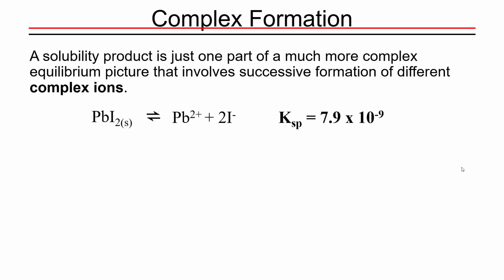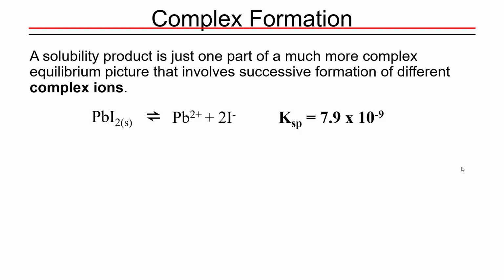And for those of you who have seen lead-2 iodide before, you probably will not have forgotten it, although you might have forgotten that the precipitate in question is lead iodide, because lead iodide forms this obviously bright yellow kind of snot-like precipitate when you combine solutions containing lead-2 plus and iodide in water. It's a fairly water-insoluble salt with a KSP value of 7.9 times 10 to the negative 9th.